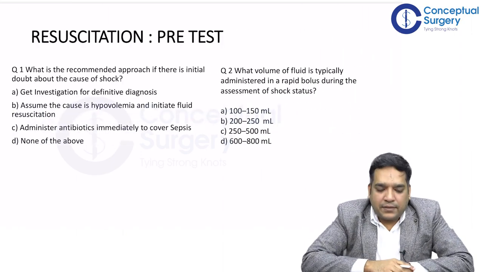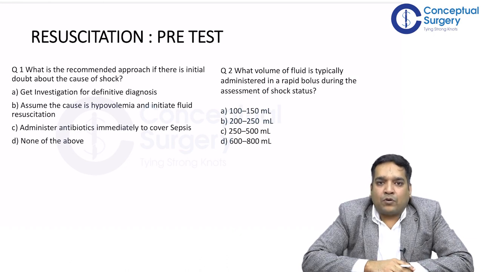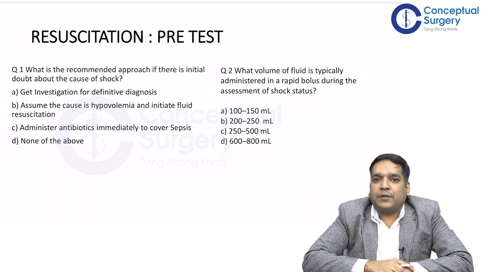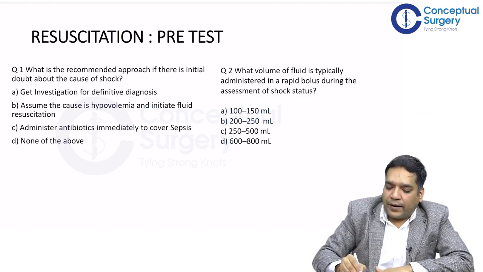So, these are the pre-test. What is the recommended approach if there is an initial doubt about the cause of the shock? Get investigation for definitive diagnosis done. Assume the cause is hypovolemia and initiate fluid resuscitation. Administer antibiotic immediately to cover sepsis. Choice D, none of the above. What volume of fluid is typically administered in a rapid bolus during the assessment of shock status? 100 to 150 ml, 200 to 250 ml, 250 to 500 ml and 600 to 800 ml.